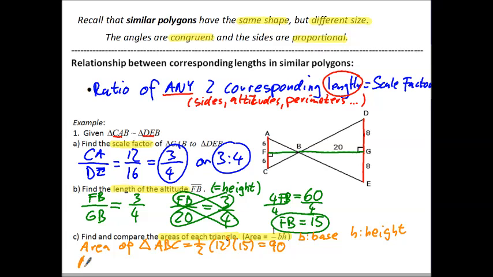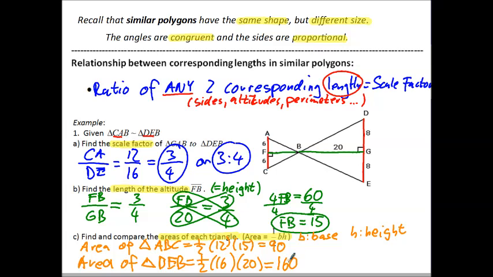And the area of triangle DEB is equal to 1/2 times 16 times 20. 1/2 times 16 is 8. 8 times 20 is 160.